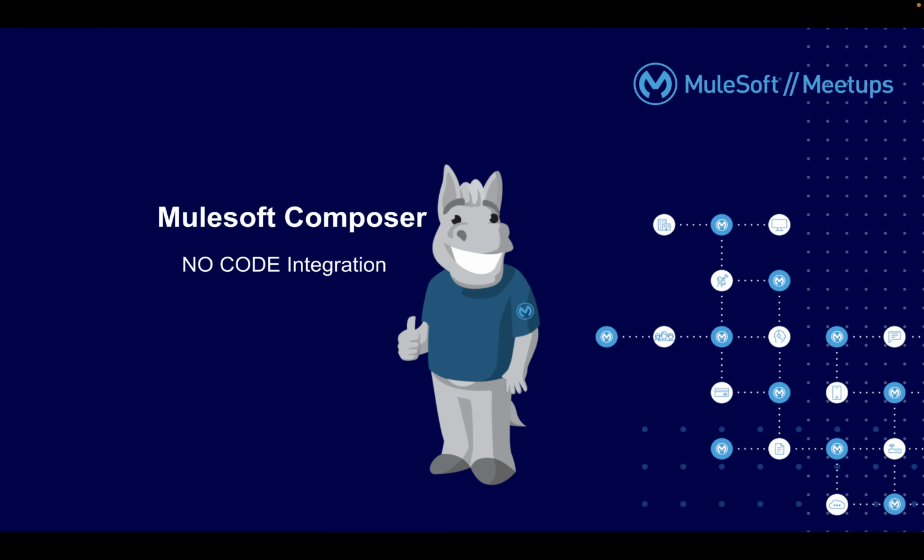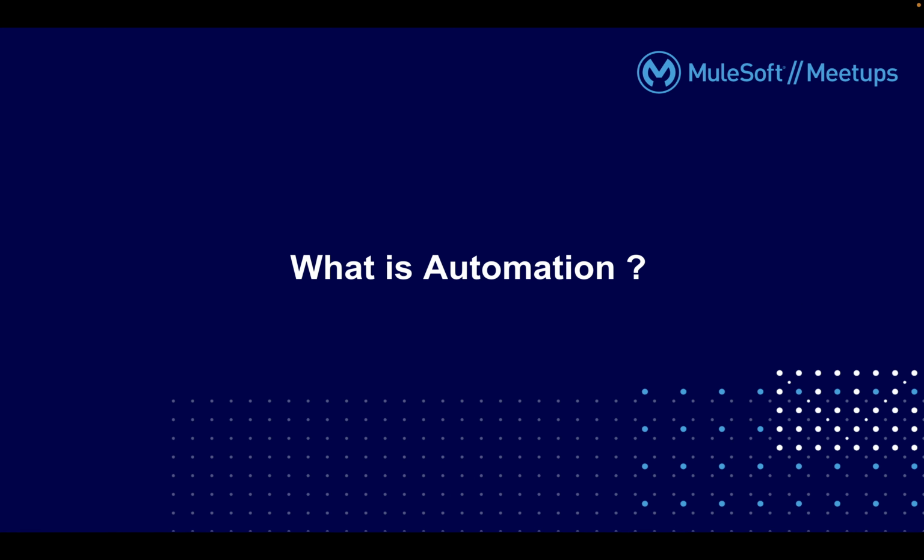So recently Salesforce and MuleSoft have started to push for the term no code or low code automation. So when we talk about MuleSoft Composer, the first term that comes up is no code integration, right? So this is what we will be going through today. Before starting about MuleSoft automation, let's understand what automation actually means.